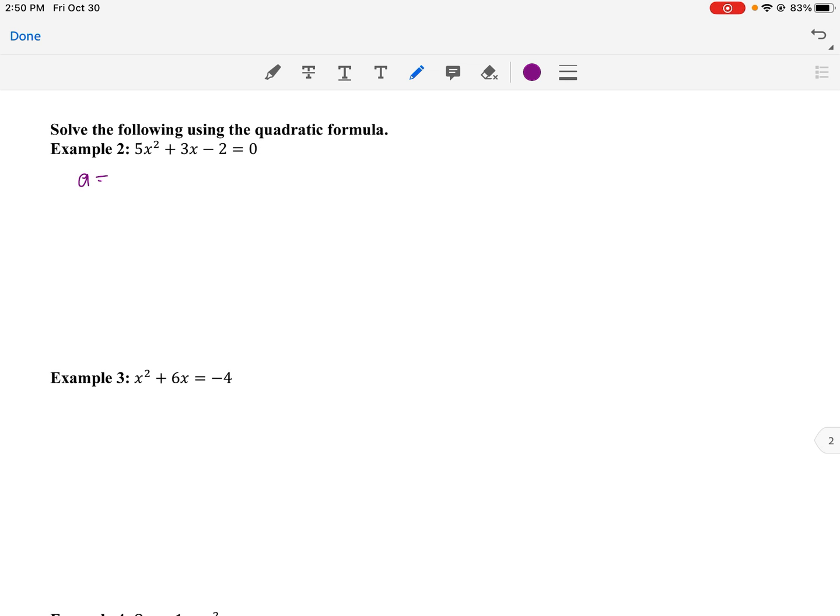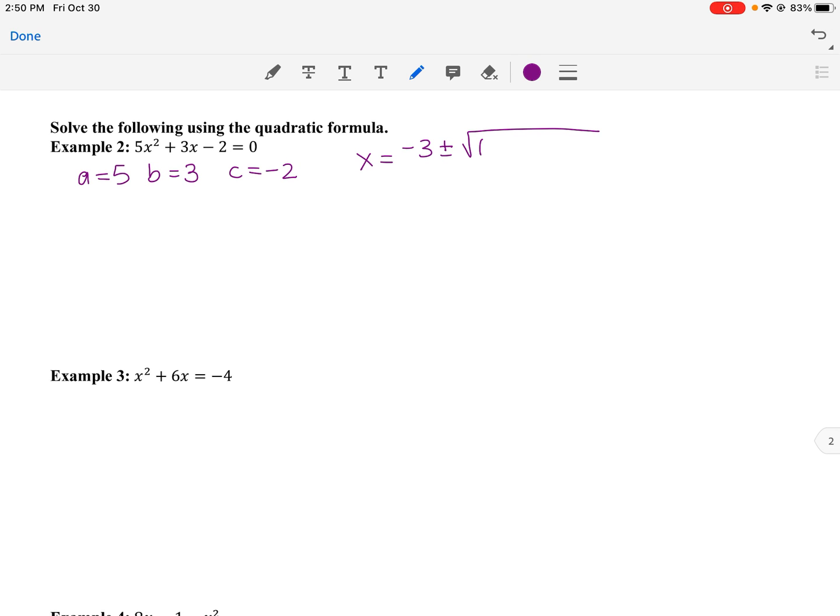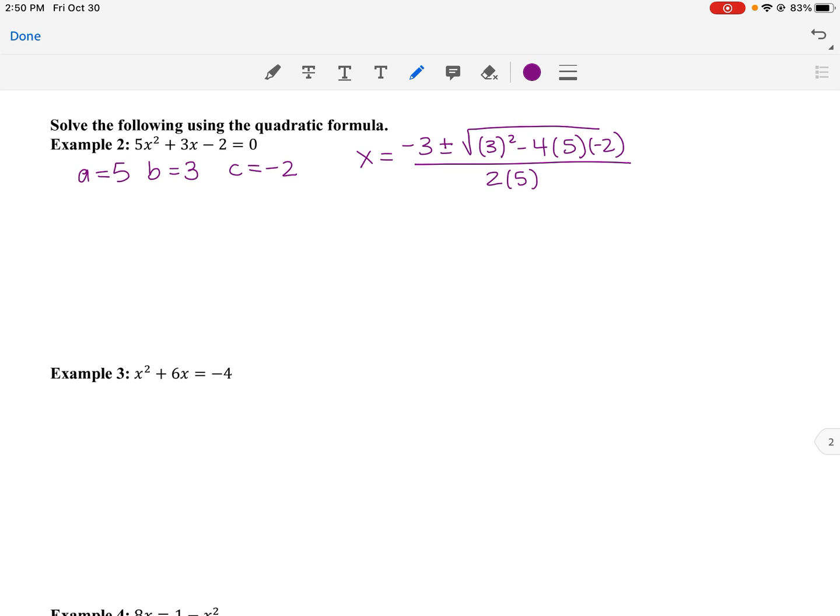I always start off, tell me what A, B, and C are. So A is 5, B is 3, C is -2. So we got x equals negative b, so -3 plus or minus the square root of b squared, so 3 squared minus 4 times a, which is 5, times c, which is -2, all divided by 2 times a, which is 5.